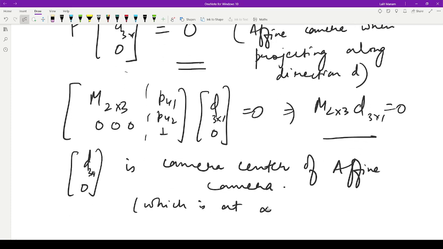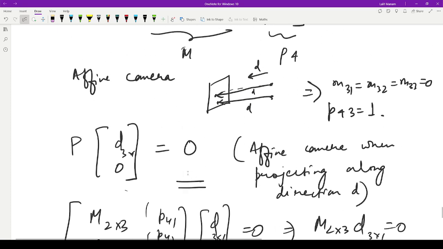When is this possible, that the camera center is at infinity? There was one condition under which the camera centers will go to infinity, right?